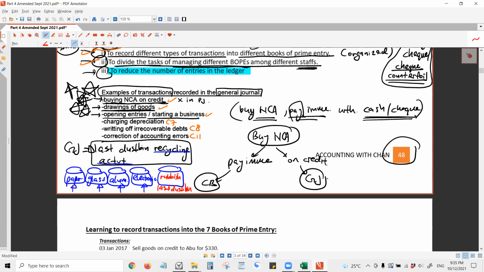You throw it into the last dustbin, which is the rubbish bin. Agree? So the general journal, think of it as the rubbish bin, the last dustbin in recycling activities. I think this analogy is quite perfect, okay? So that's what the general journal does. The function of it is the last dustbin in the recycling activities. It would accept any transaction that other books of prime entry do not accept.